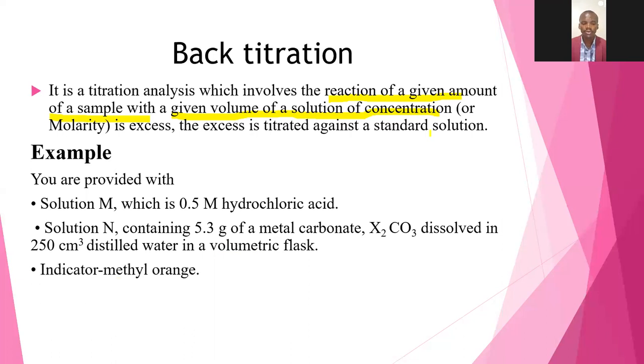We are also provided with an indicator, methyl orange, because we have the acid and the base. Then you have been given titration apparatus. You are also given that sodium is 23, carbon 12, then oxygen 16.